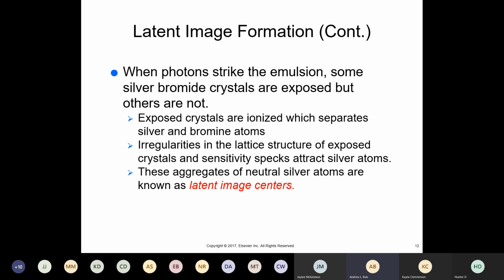And the irregularities in the lattice structure of those exposed crystals, and there are also little sensitivity specks, attract those silver atoms. All of that is what's going to create our image. These aggregates or groups of neutral silver atoms are known as latent image centers.